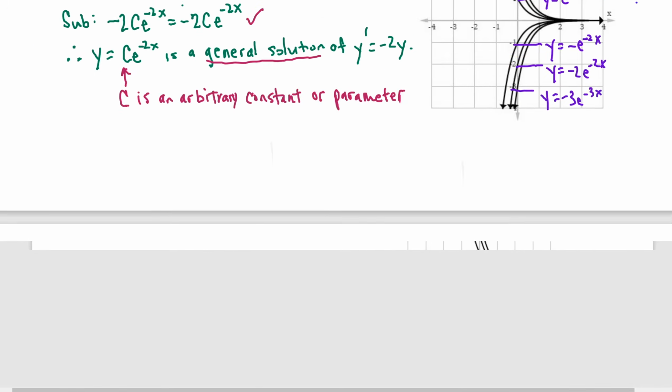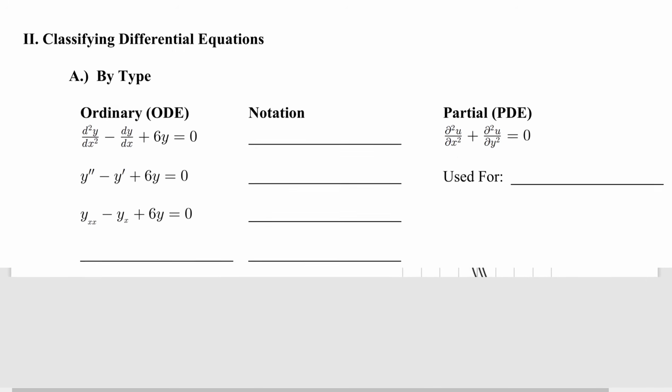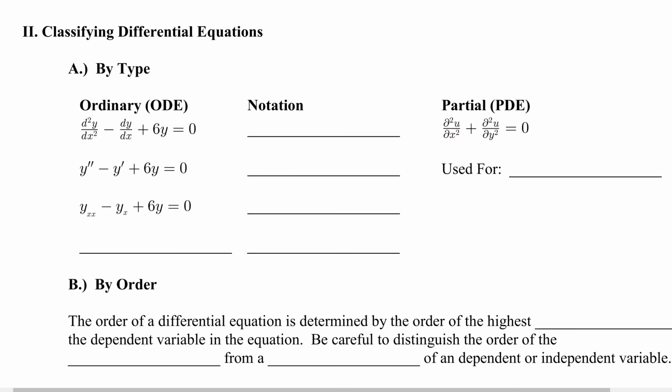Now that you understand that a differential equation is an equation that contains a derivative and the solution to a differential equation is a function, let's talk about how we classify differential equations. There's two basic categories or types of differential equations.